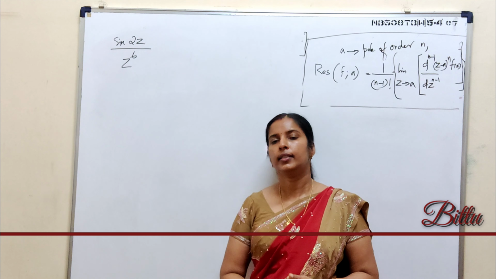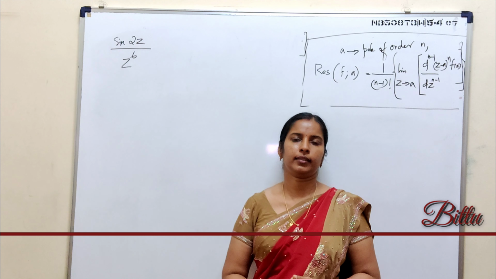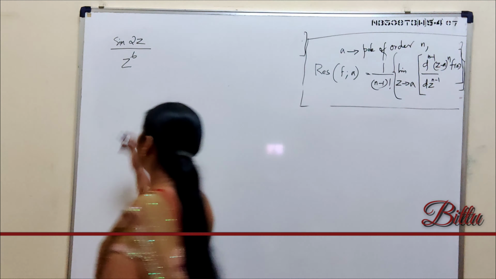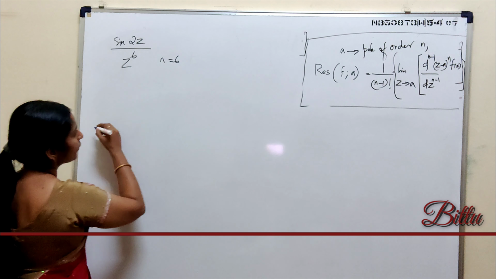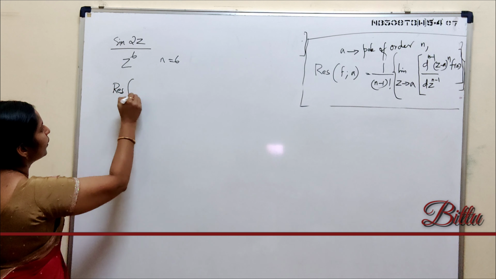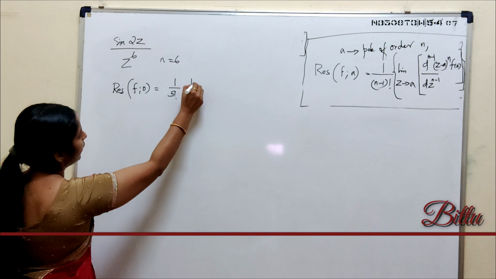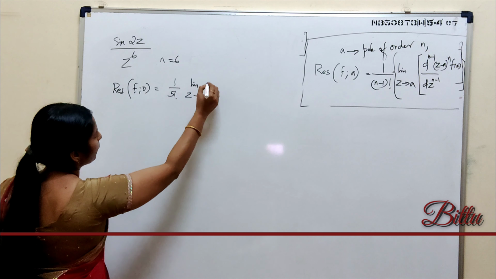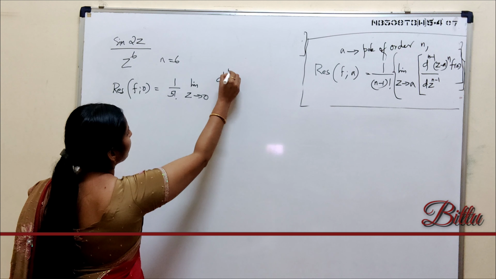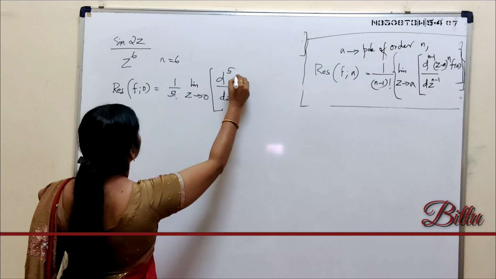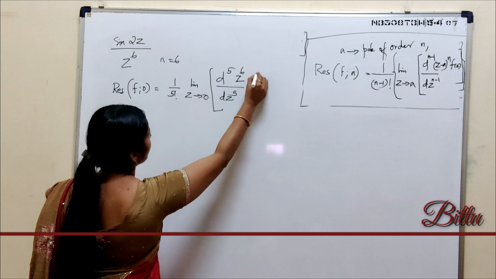Clearly here, 0 is a pole of order 6. So you have to take n equal to 6. Residue of f at 0 equals 1 by 5 factorial, limit z tends to 0, fifth derivative of z raised to 6 into f(z).